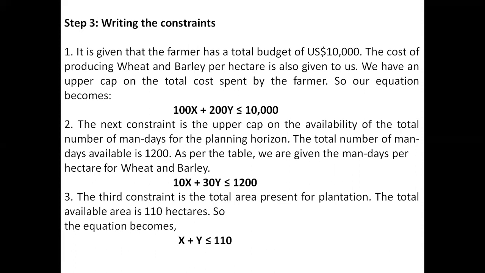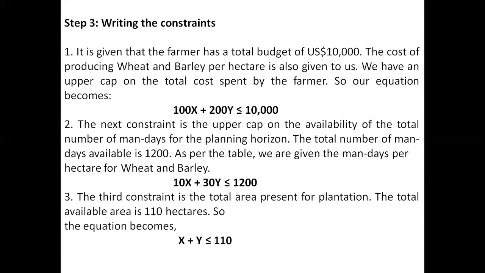The third constraint is the total area present for the plantation. So he has taken 110 hectares of land on lease, right? Hence this 110 hectares will be utilized for yielding both wheat and barley.